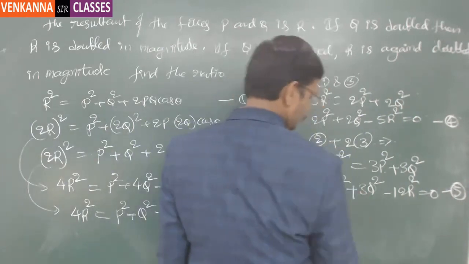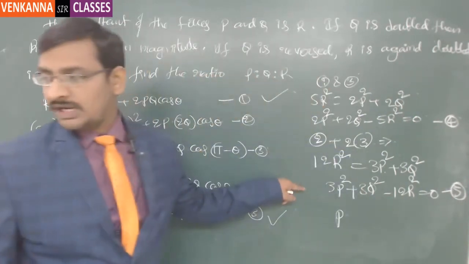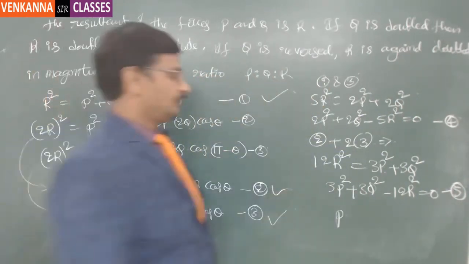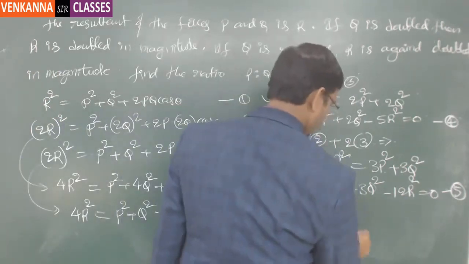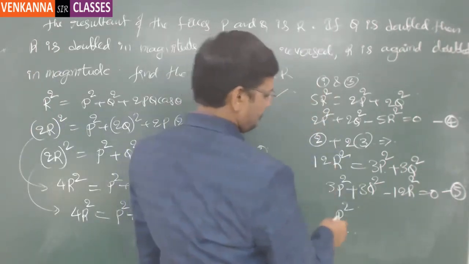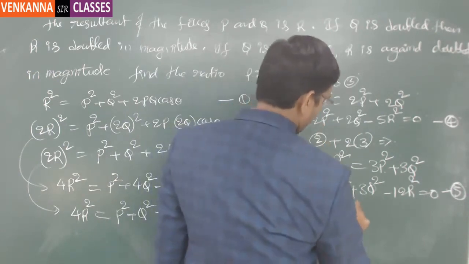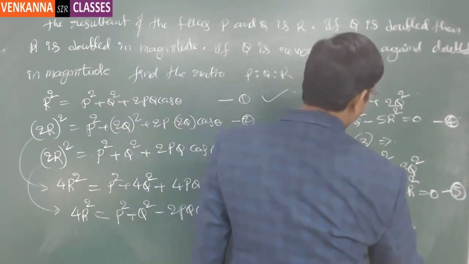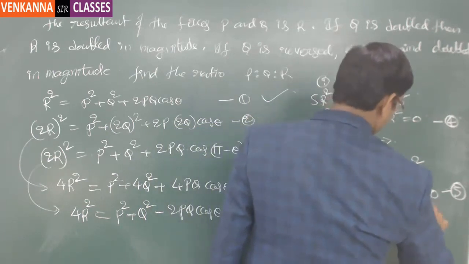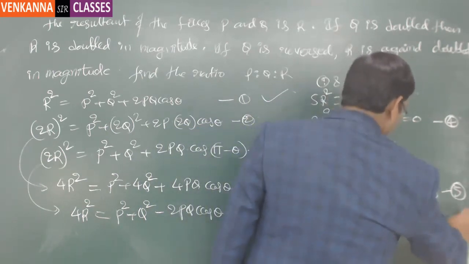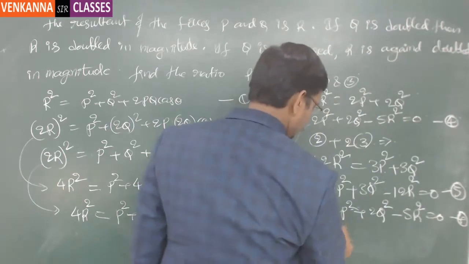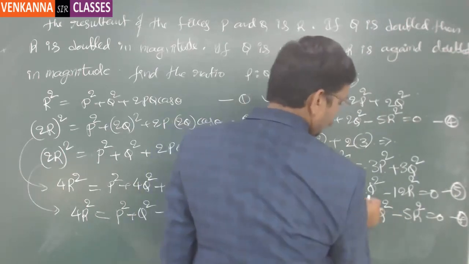If you want to solve 3 different variables but have only 2 equations, then the standard method you can apply. So I'll write this equation here first: 2p square plus 2q square minus 5r square equal to 0. This is equation number 4. Now this is p square divided by AD minus BC.